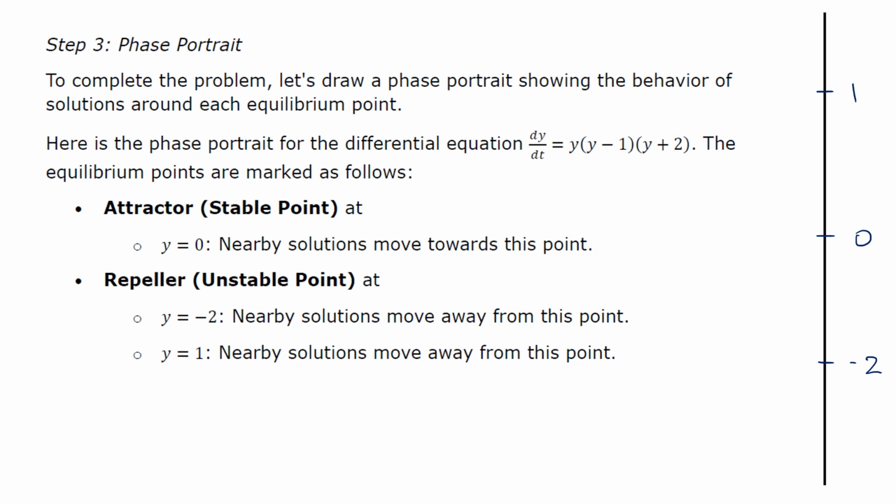For 0, this is going to be our stability point, our attractor, because the nearby solutions move towards this point.